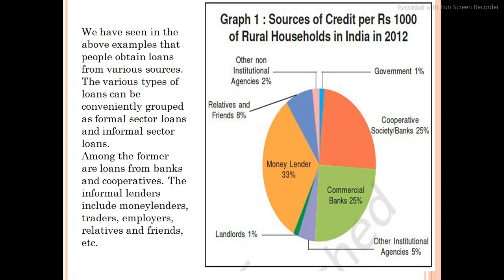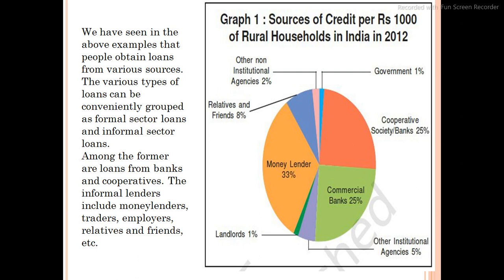So here in this graph, or we can say the pie chart, we are observing the people are having credit from the formal as well as the informal sources. So formal sectors of loan or informal sectors of loan.